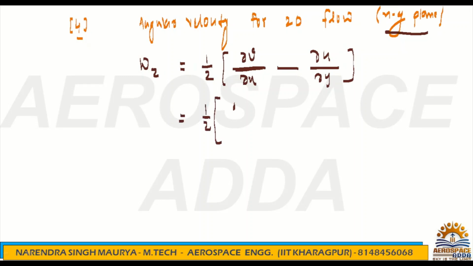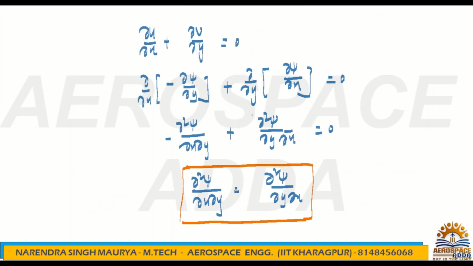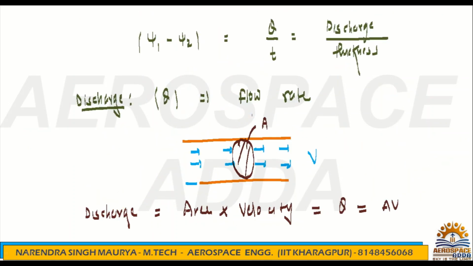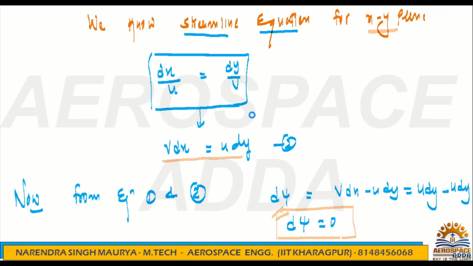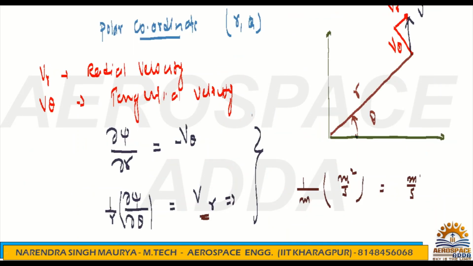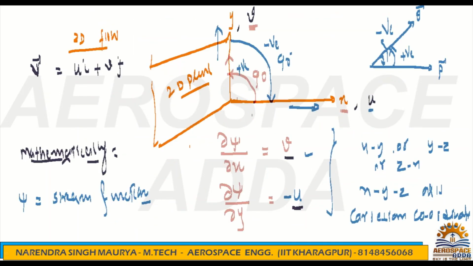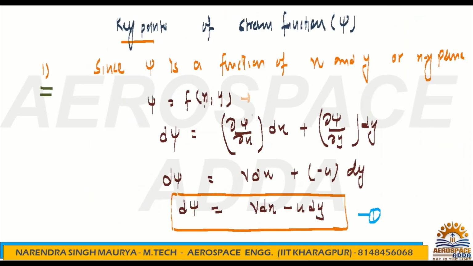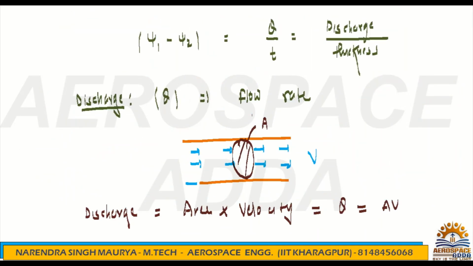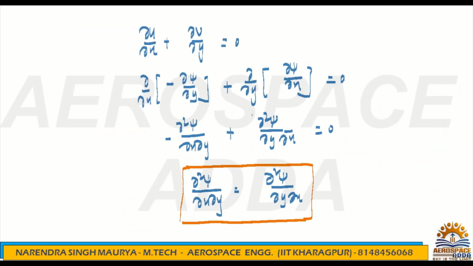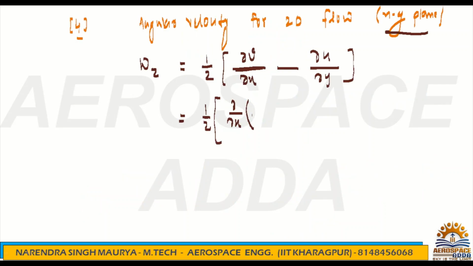We have dou by dou x. What is v? Now check what is v in terms of psi. V is nothing but dou psi by dou x. So you just keep here dou psi by dou x, minus dou by dou y.